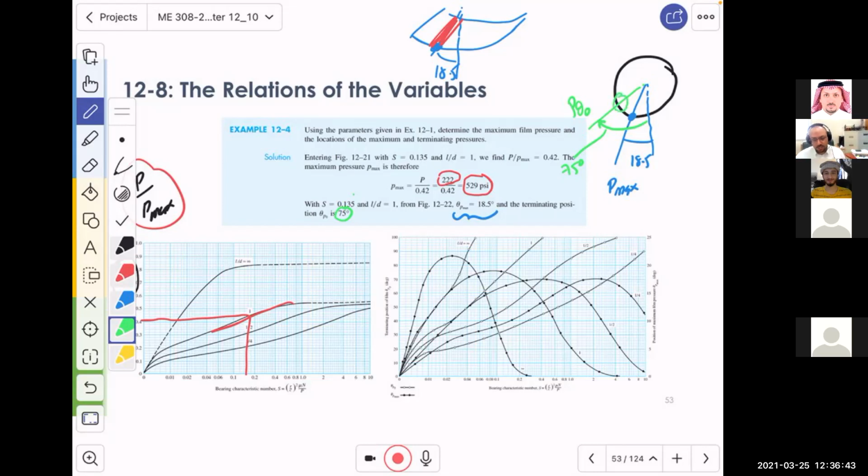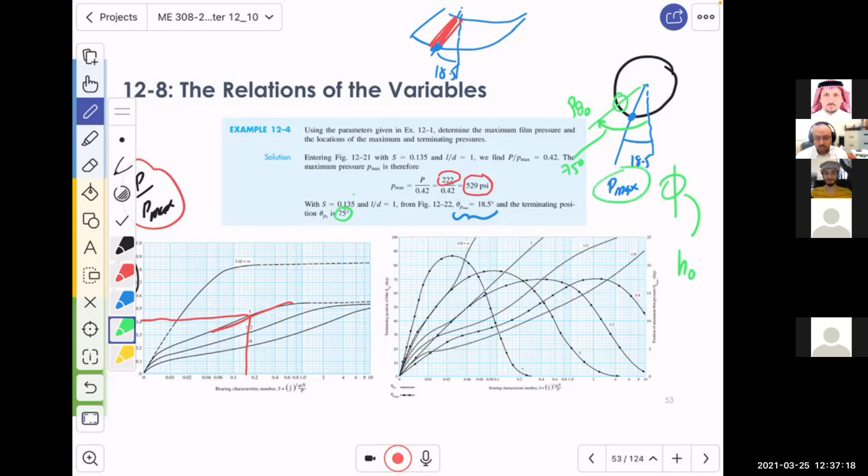this rupture is expected. And if I am an engineer, I would probably look at the three angles. Don't mix it up. We have another angle which is called phi. So if I am an engineer, I will only look at these three angles. The phi belongs to the location where h0 is achieved. That's the location of the minimal clearance, and the chances of metal-to-metal contact might be there.